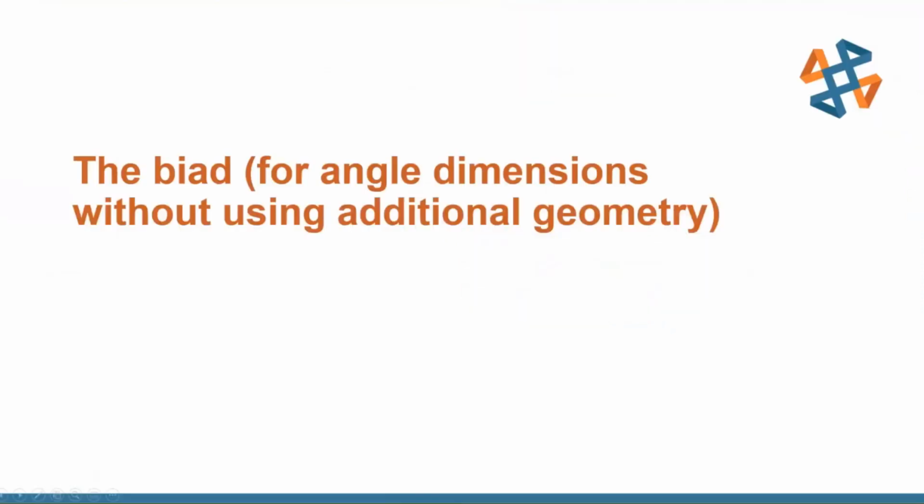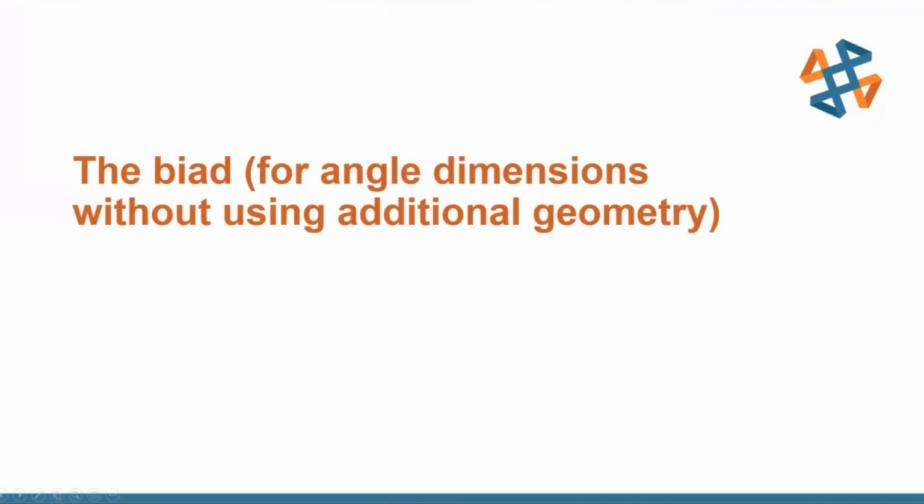And using the biad, what Will refers to as the biad, or just a 2D triad or a 2D coordinate system in a sketch, to create that angle dimension. So typically, one needs maybe 2 lines to generate an angular dimension or 3 points to generate an angular dimension.